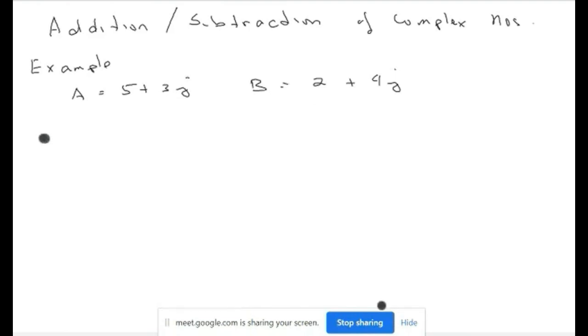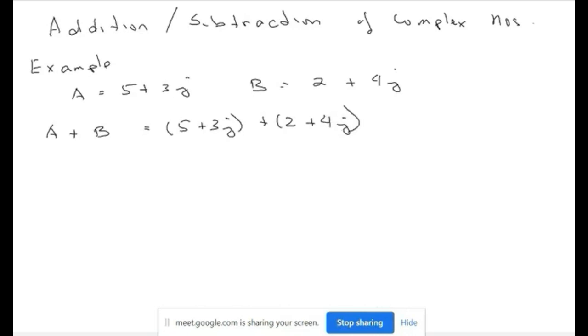How do you add A plus B? We first write A, substitute A, which is 5 plus 3j. Then B is 2 plus 4j.